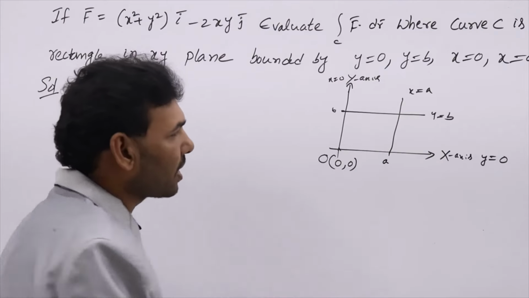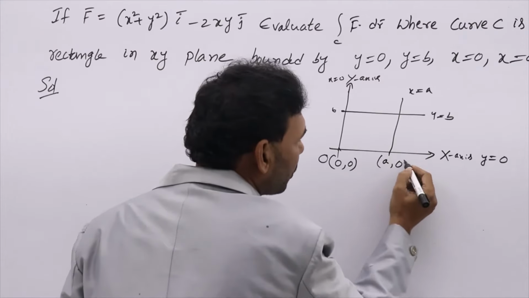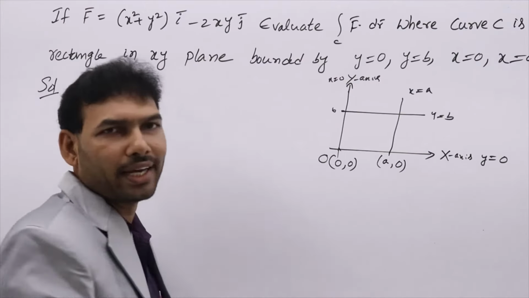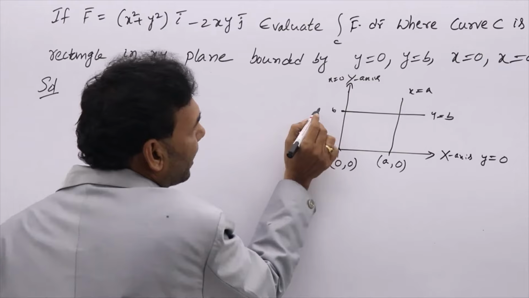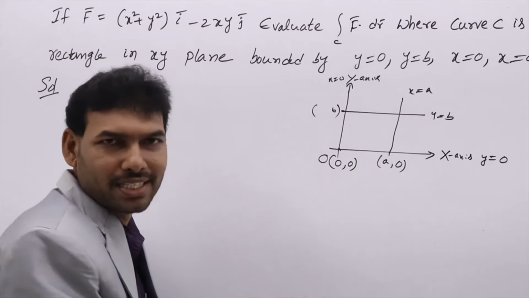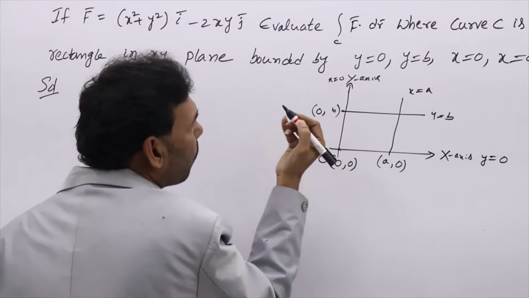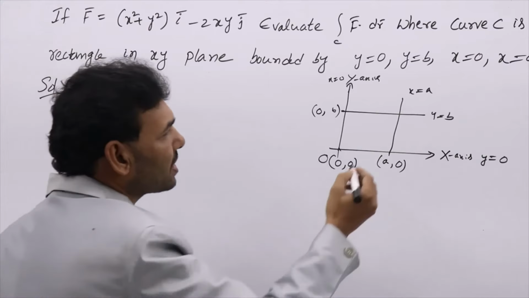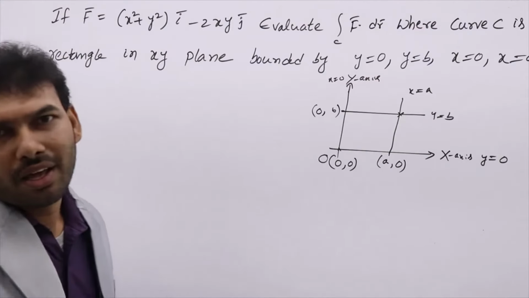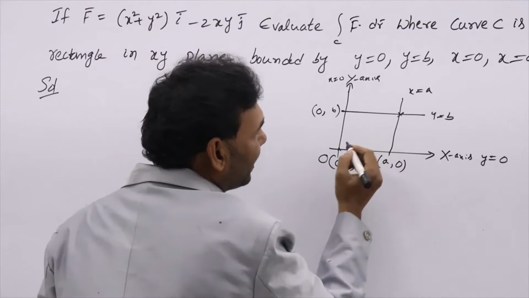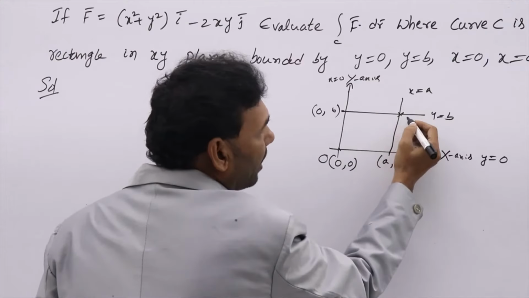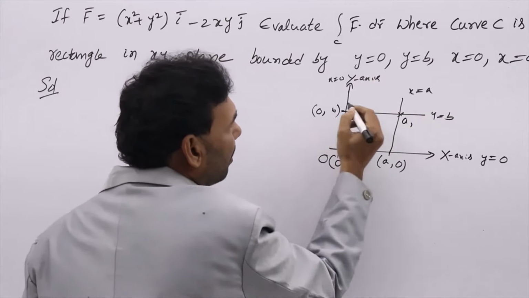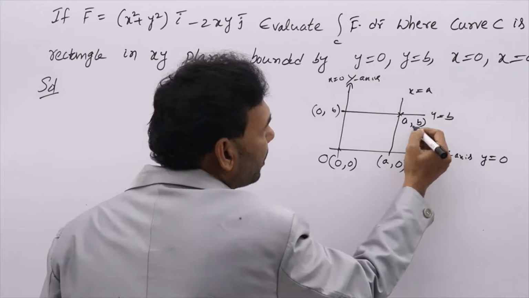On the x-axis generally the y coordinate is 0, because this is the y equal to 0 line. Coming to here, this is a point on the y-axis, where the x coordinate is 0. This is the point which is at a unit distance on the x-axis and b unit distance on the y-axis.